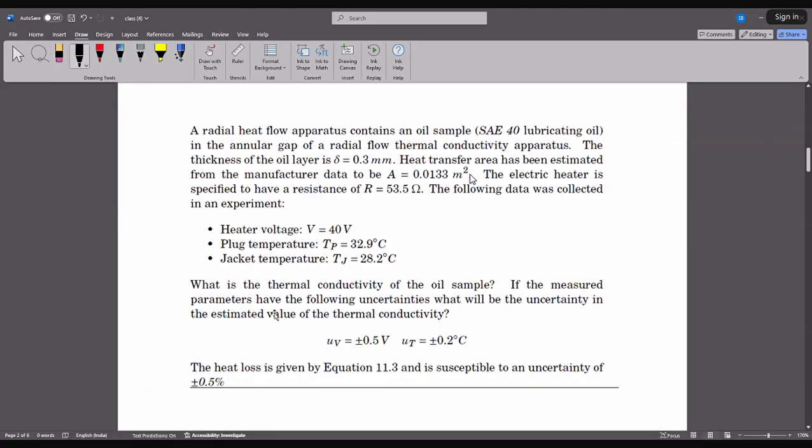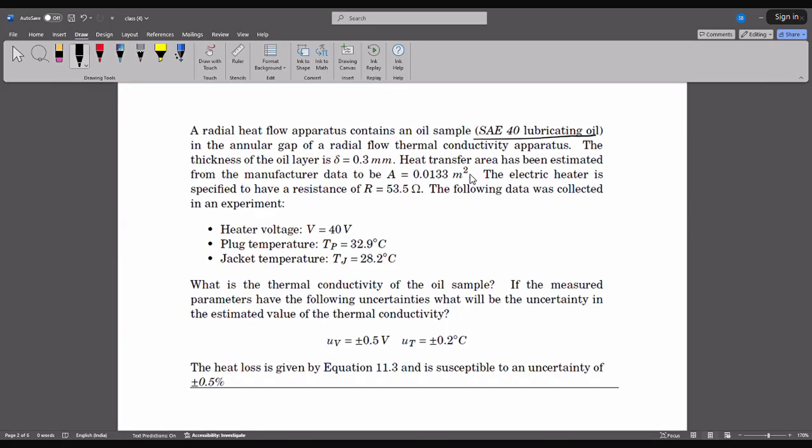So this is called the radial heat flow apparatus. This is the second method for measuring thermal conductivity. A radial heat flow apparatus contains an oil sample, SAE 40 lubricating oil, in the annular gap of a radial flow thermal conductivity apparatus.